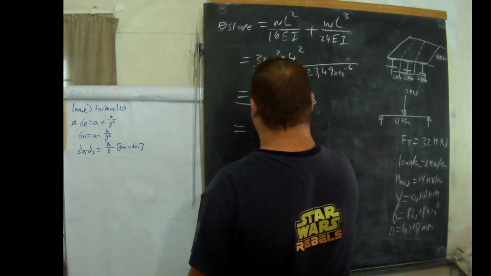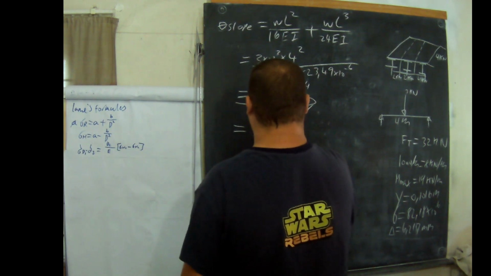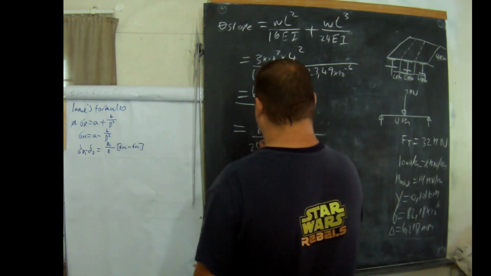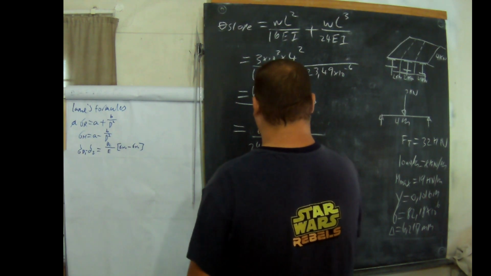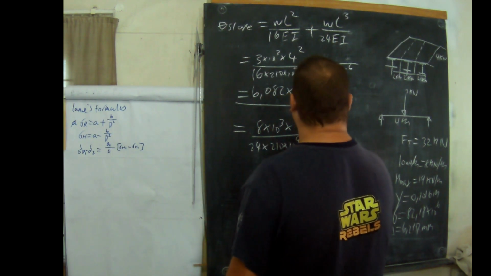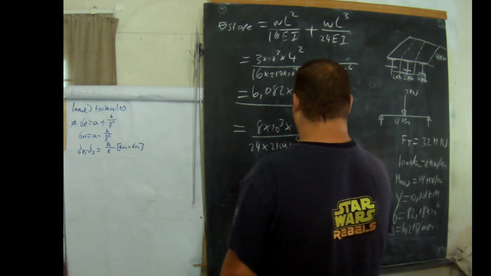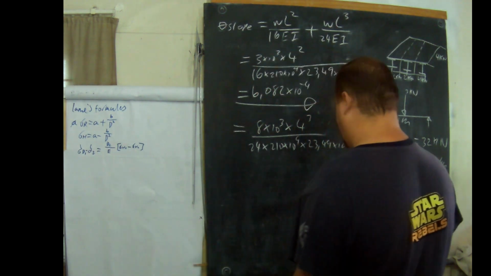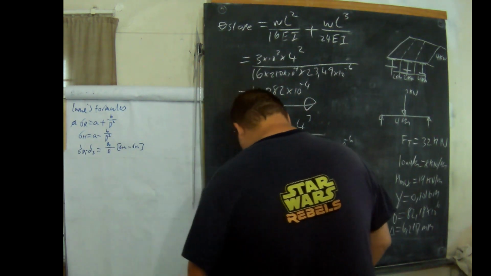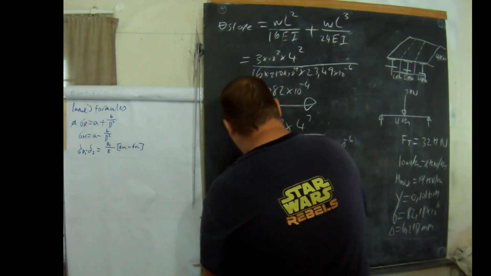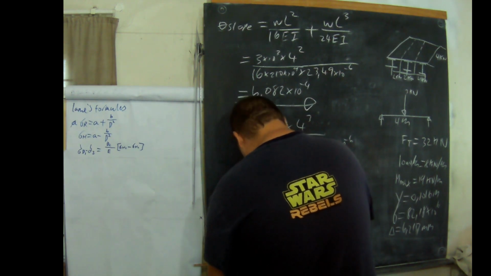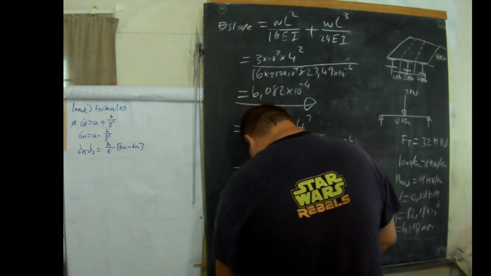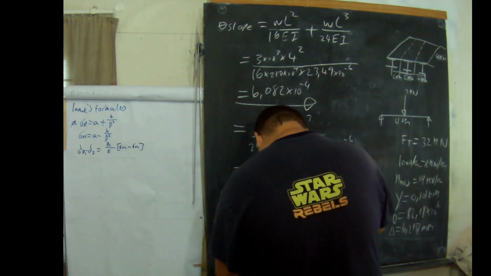Okay, next one is equal to 8 times 10 to the 3 times 4 cubed all over 24 times 210 times 10 to the 9 times 23,49 times 10 to the minus 6. And this gives us an answer of 4,325 times 10 to the minus 3.